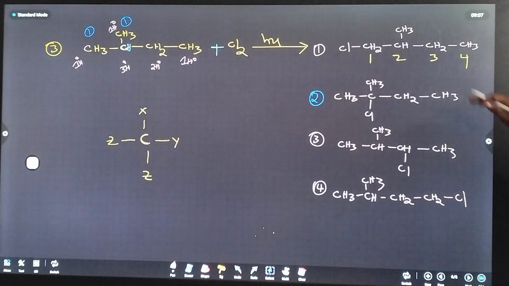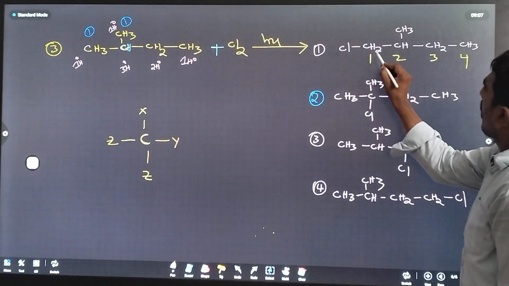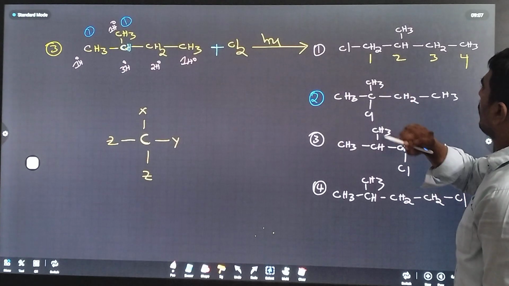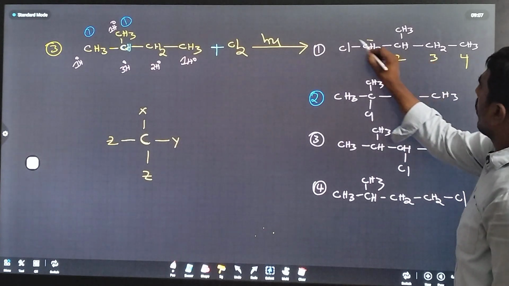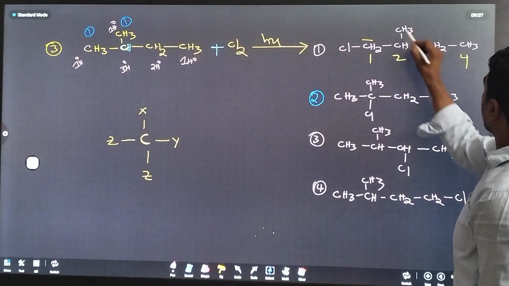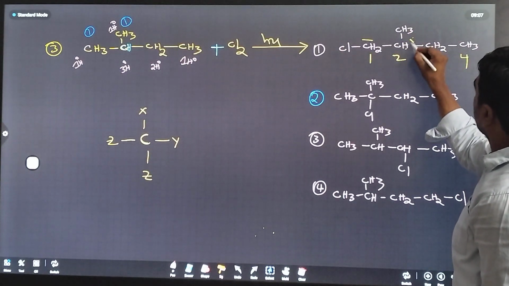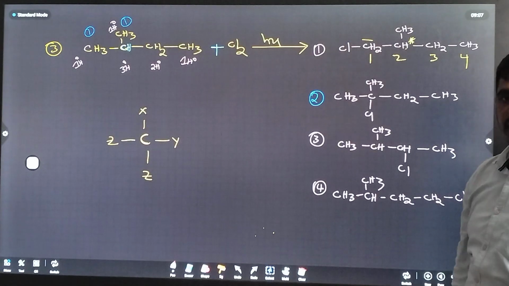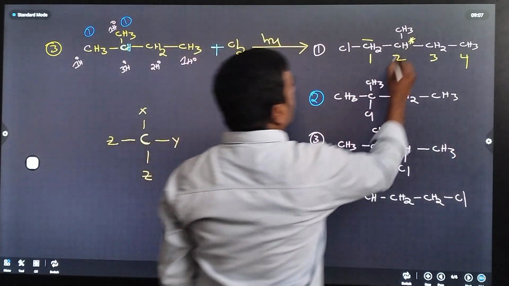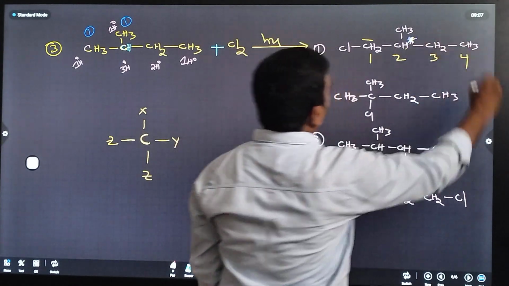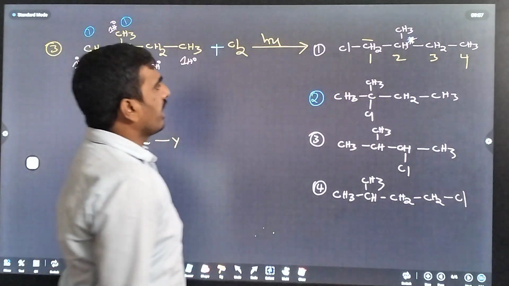This carbon has 2 hydrogens, so there is no chirality. This carbon has 1 hydrogen, 1 chloromethyl group, 1 methyl group, 1 ethyl group. So that's why this is the chiral center.